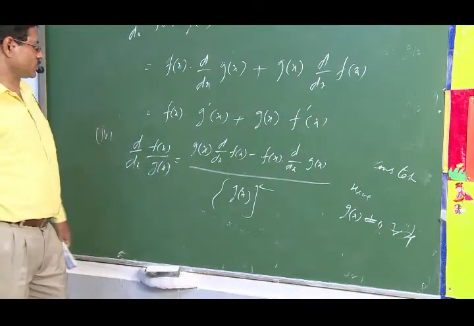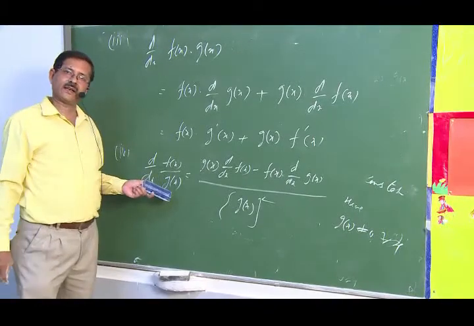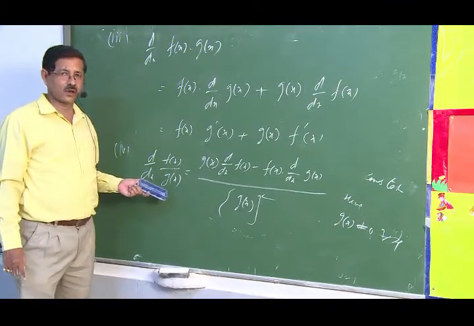If g(x) is equal to 0, the derivative of f(x) divided by g(x) does not exist.